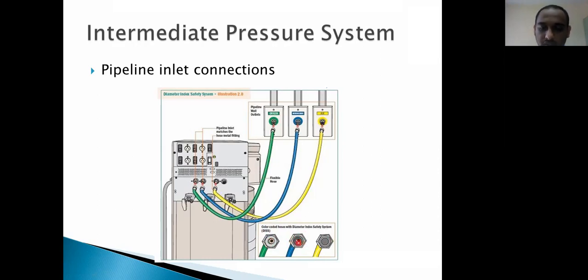So by mistake you cannot connect this blue tubing, which could be nitrous, to the green one, which could be oxygen, because the inner two diameters are different. Hence you won't be able to connect, hence the wrong gas is not going to go inside the machine through a wrong inlet.